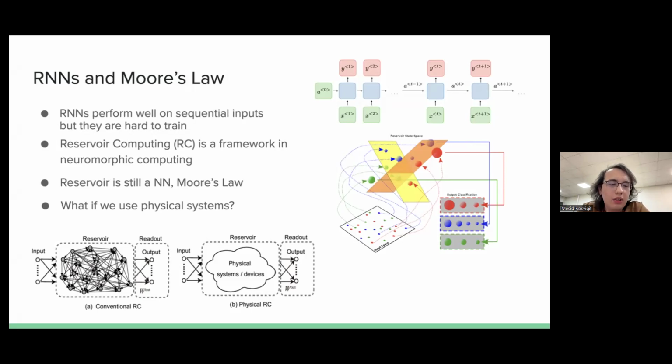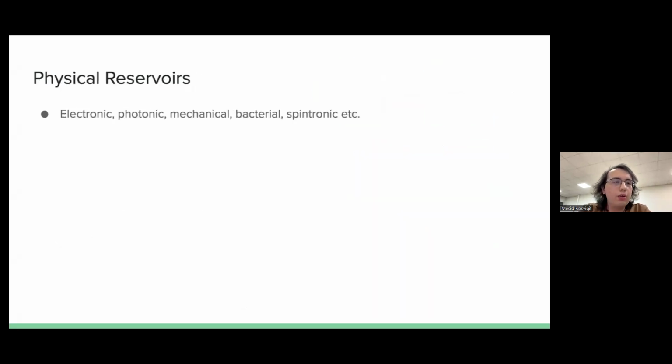Physical systems are suitable candidates for reservoirs because of their natural complexity, nonlinearity, high dimensionality, and short-term memory. These concepts are at the heart of reservoir computing. A large variety of physical reservoirs have been proposed and demonstrated, including electronic, photonic, mechanical, bacterial, and spintronic reservoirs. Of course, we will focus on spintronic ones.